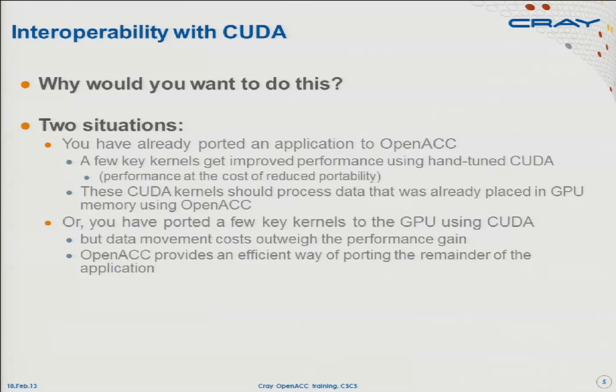So why would you want to be able to interoperate with CUDA? Well, there's two reasons. One is that you want to get some better performance. You've ported everything with OpenACC. There's a particular kernel where if you could use some particular feature of CUDA that's quite low level, but it would really benefit your application, then you really want to be able to call a CUDA kernel.